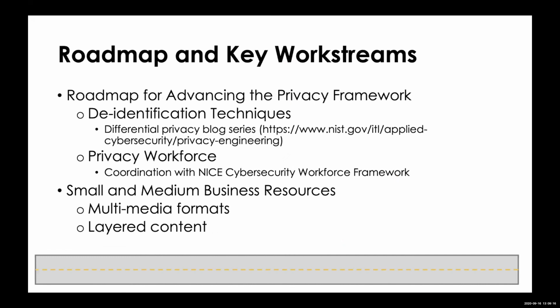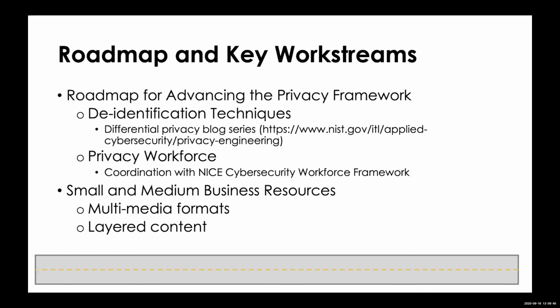So briefly, I just wanted to talk about a couple key work streams that we have going on to highlight for you all. One in particular that I think is relevant to the surveillance topic is our de-identification techniques work stream. We have created a blog series on differential privacy in our NIST collaboration space.